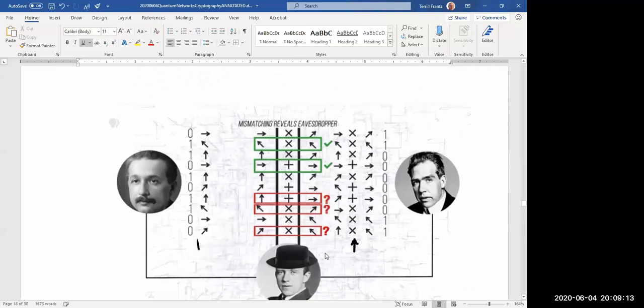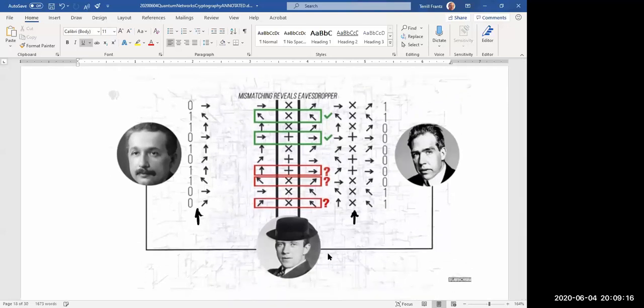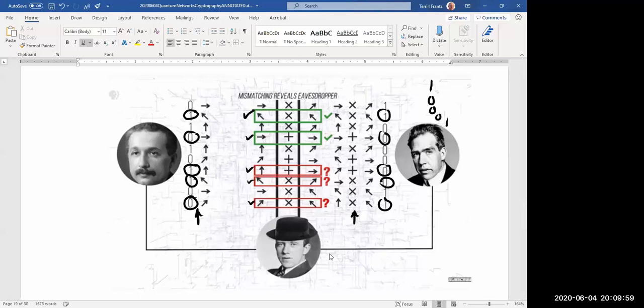So B and A compare their bases, and so then this one here, this one here, this one here, this one here, this one here, all become matched bases. But if you take a look at the values that the two legitimate counterparties have, which is 10001 and 10110.